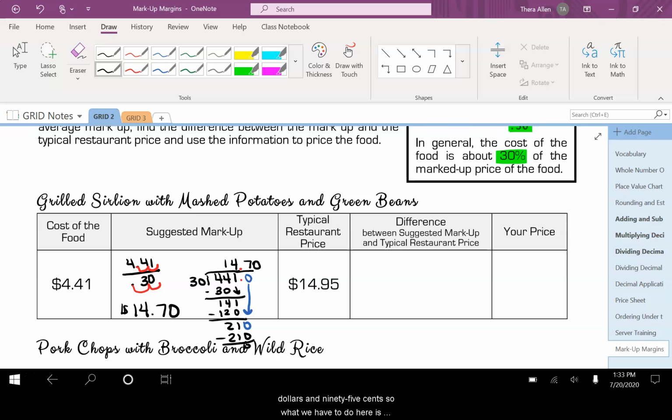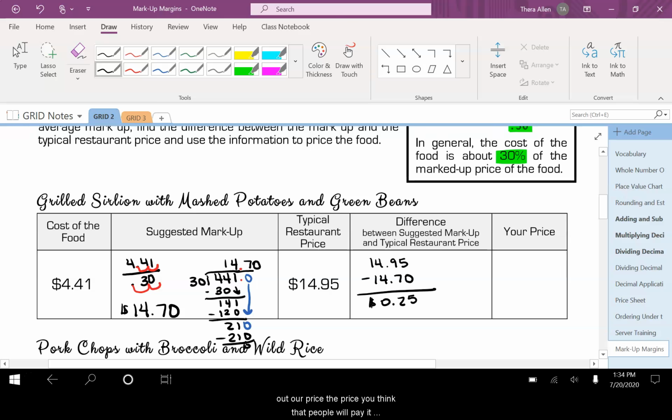So what we have to do here is take the restaurant price, $14.95, minus what we came up with, the markup, and we get a difference of 25 cents. So our difference is 25 cents.